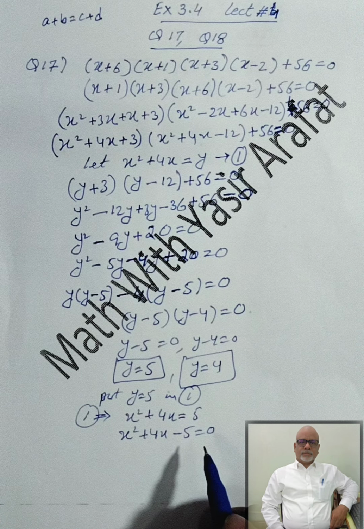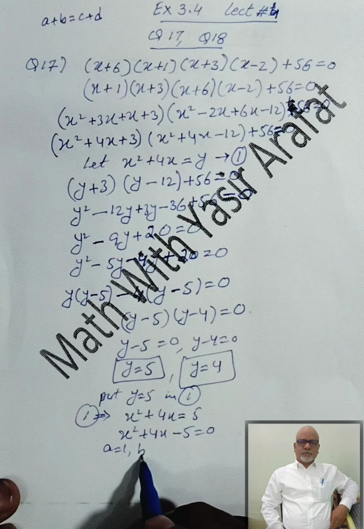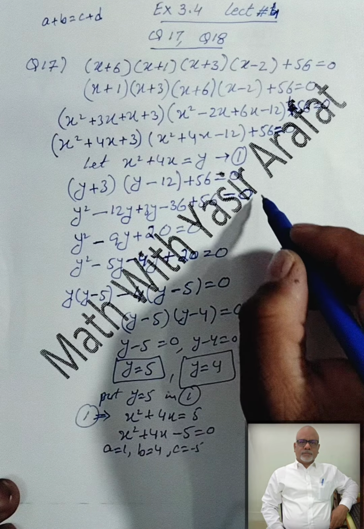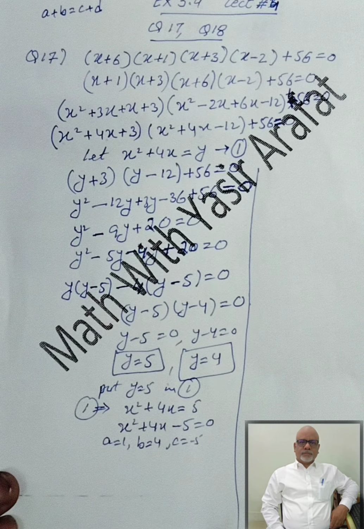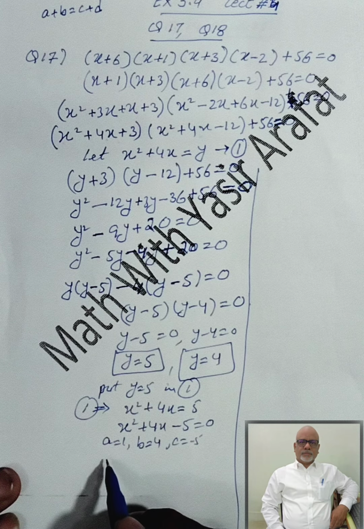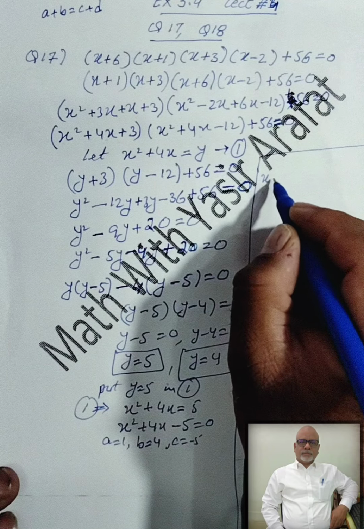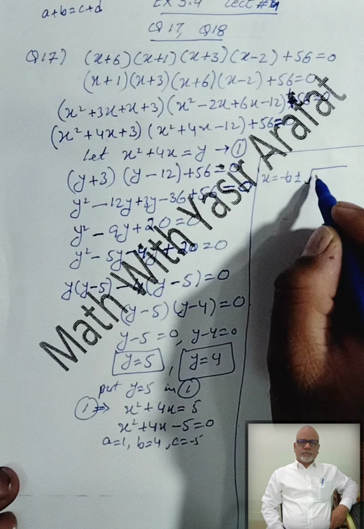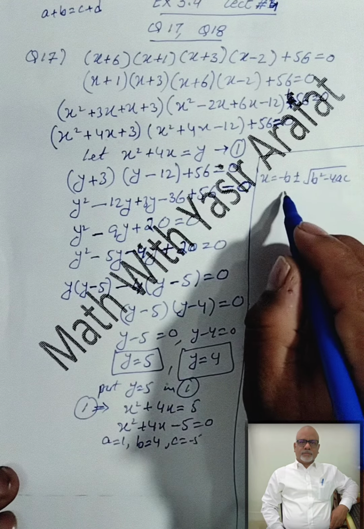Now we have to apply the quadratic formula. a is equal to 1, b is equal to 4, and c is equal to minus 5. x is equal to minus b plus minus radical b square minus 4ac over 2a.